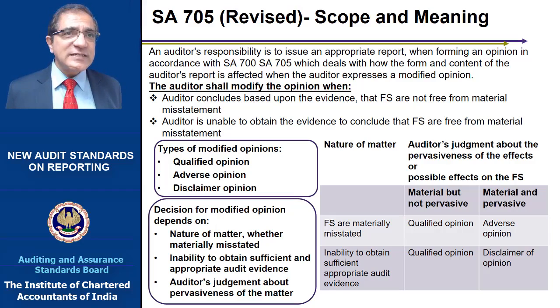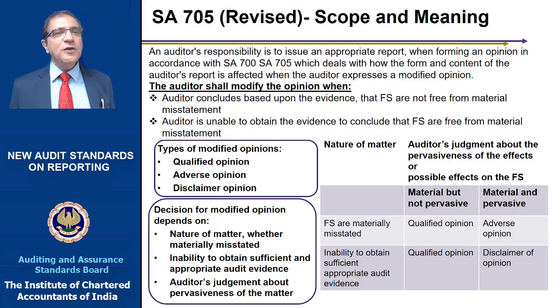However, having assessed the entire situation, if the auditor believes that the impact is material but not pervasive, he is aware that on account of the inability to obtain information, there is a material impact, but it doesn't really distort infinitely the results of the enterprise, or it distorts the assets significantly, as a result of which he will come to the conclusion that he would be giving a qualified opinion to the financial statements in the audit report.